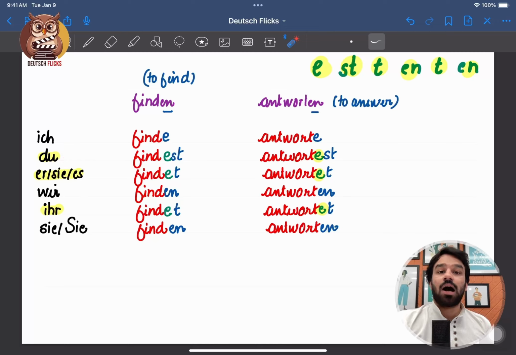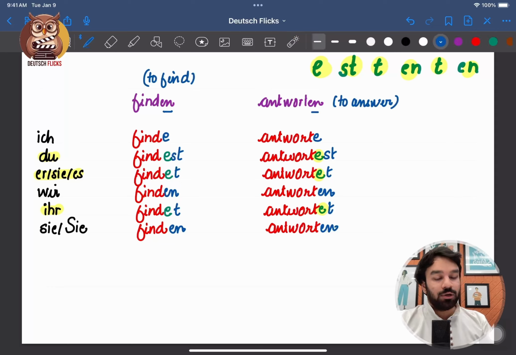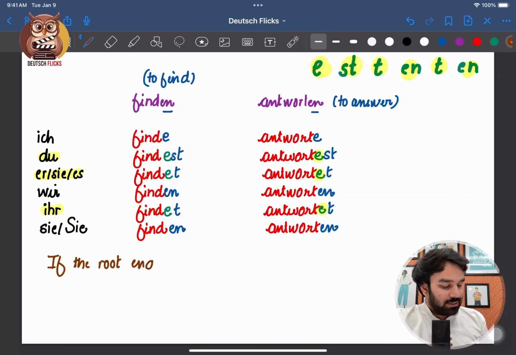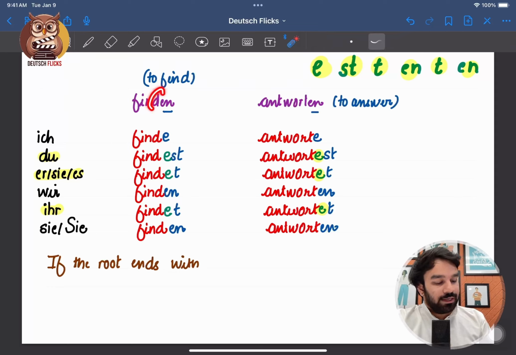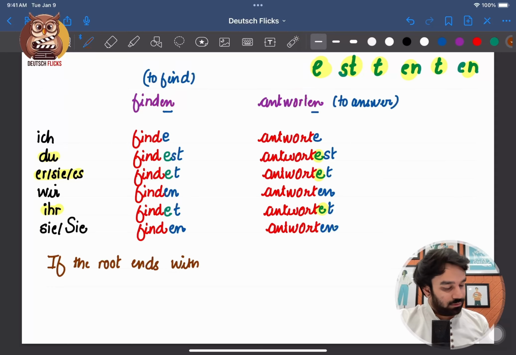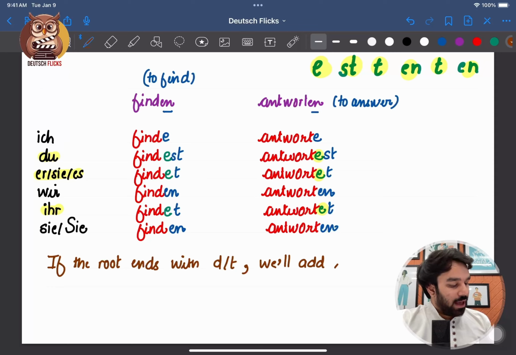But the thing is, how will we know where to add the extra e? So let's write this rule together: if the root of the verb ends with what? D or T, then we will add an extra e.